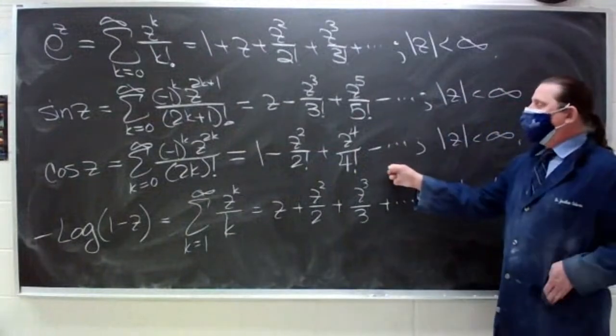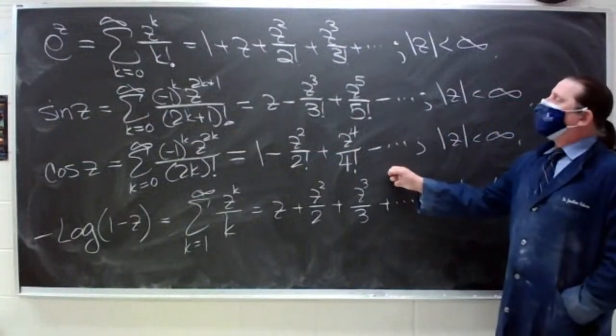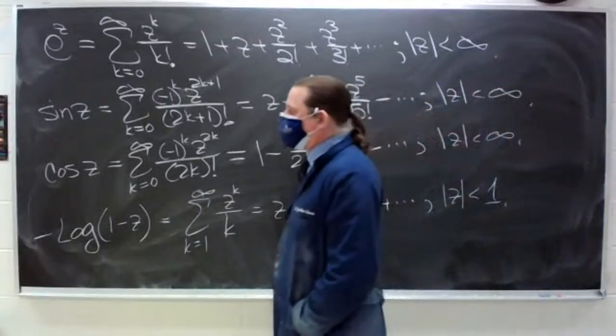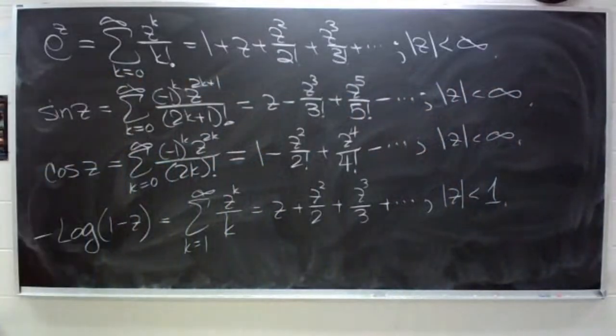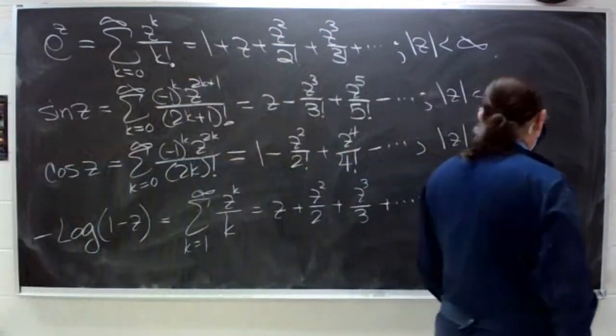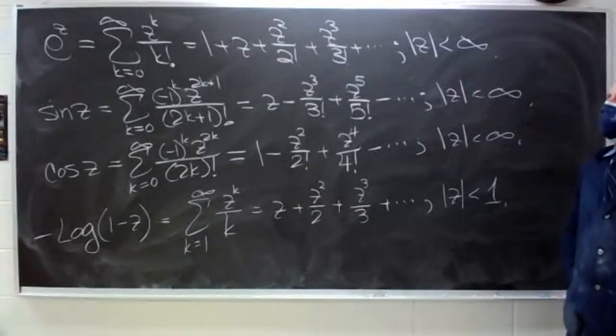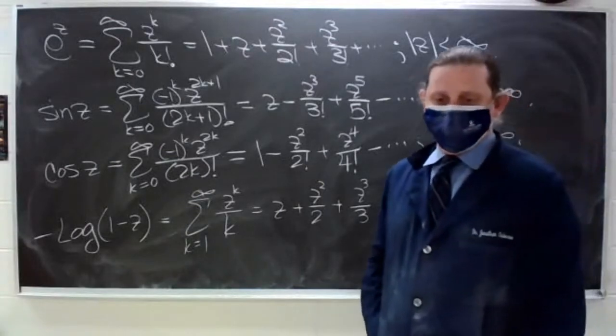Sine and cosine, same expansions from single variable calculus. Notice that they have the same radius of convergence of infinity, implying that they converge in the entire complex plane. These three functions are entire.